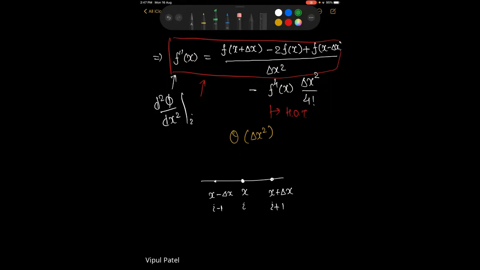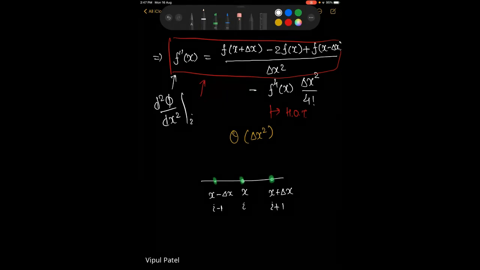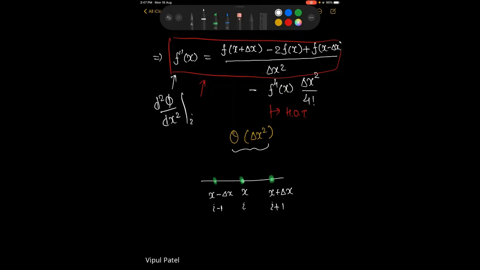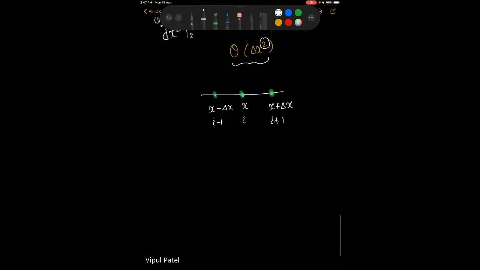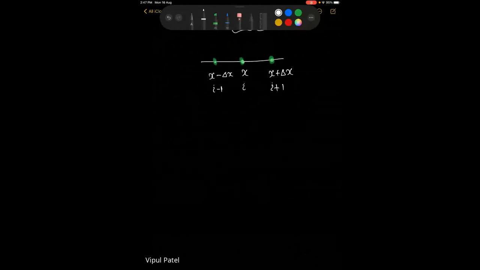One is at x plus delta x, which is this node, one is at f of x, and another one is at x minus delta x. Only then can I write this expression and get an accuracy of order 2. But for example, you are working with a problem, say Couette flow, where one of the boundaries is a wall, and at the top surface something is moving with a velocity of u.